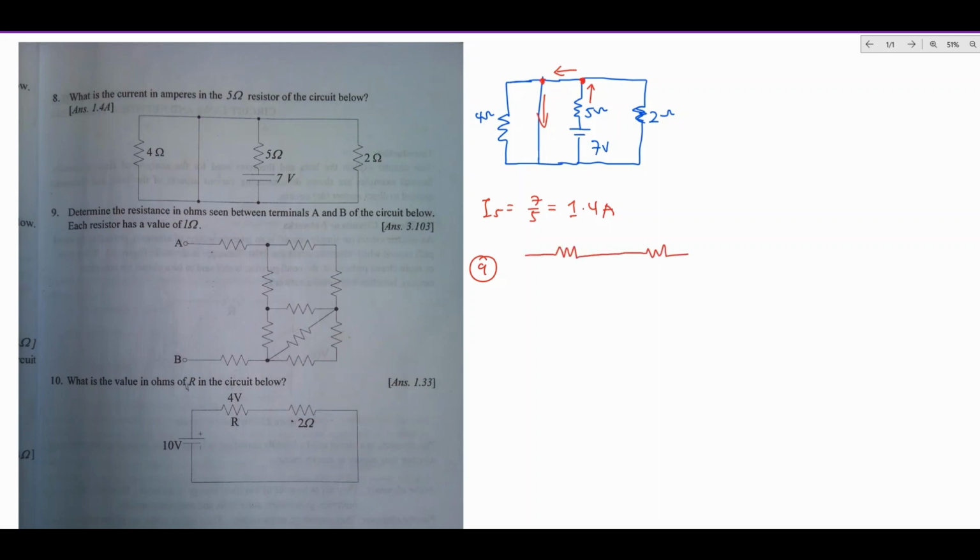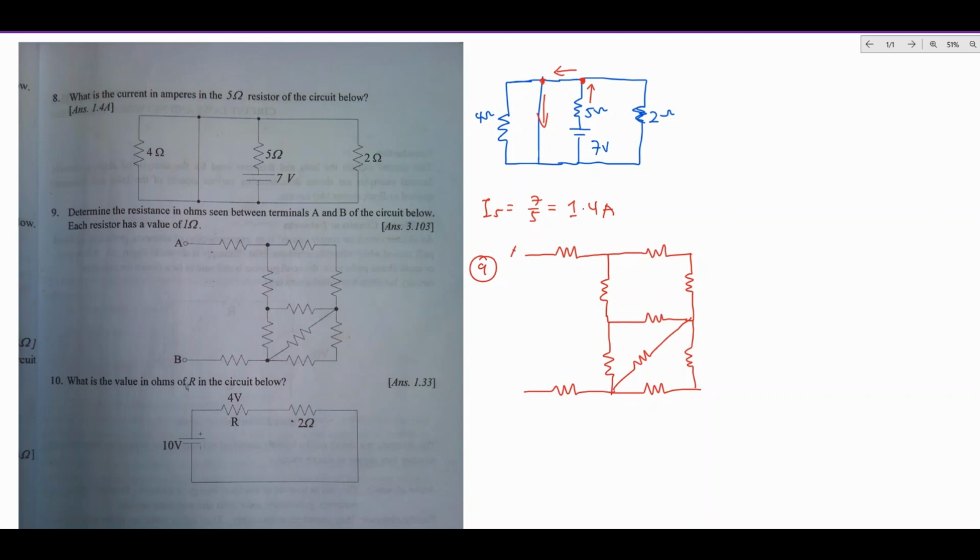Okay, so we have one resistor here, we have another here, then we have another here, and this one also here. Then we have one resistor here, and one here also.